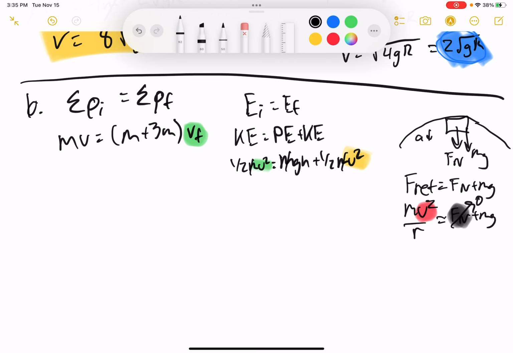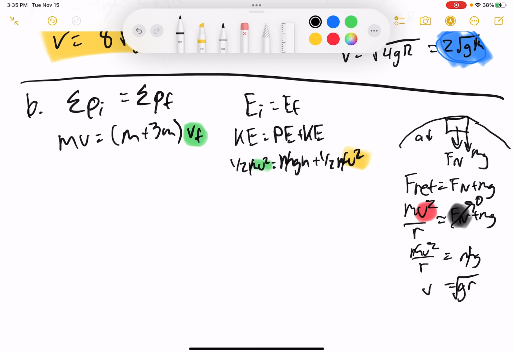We did that previously. And so my Fn is just going to be 0. So I will just have mv squared over r equals mg. So my m's cancel, and I have gr equals v squared. Then I just take the square root, so v equals root gr.